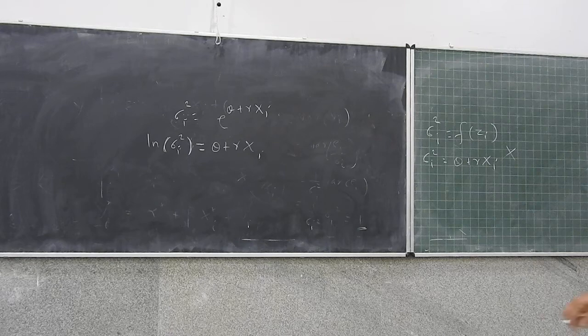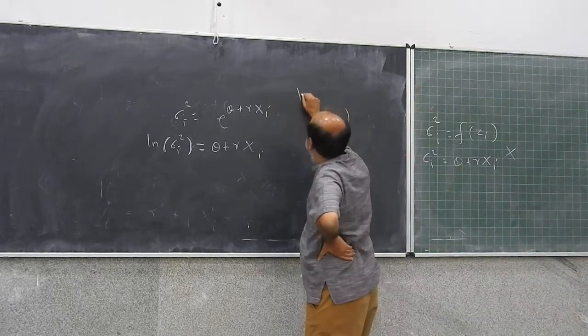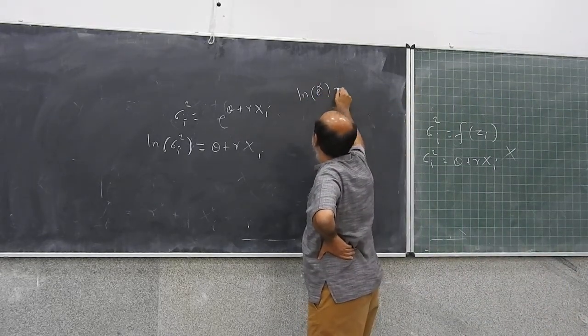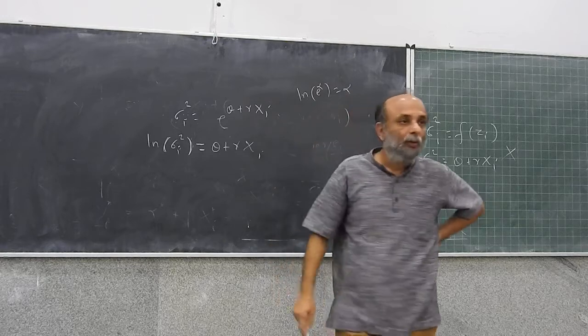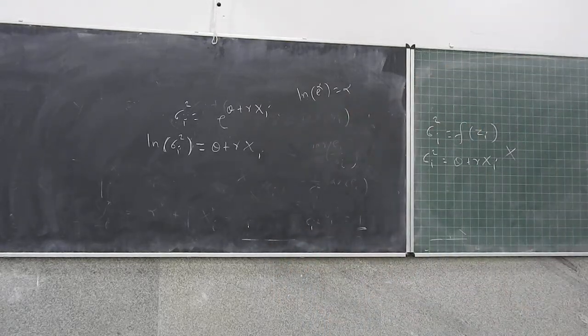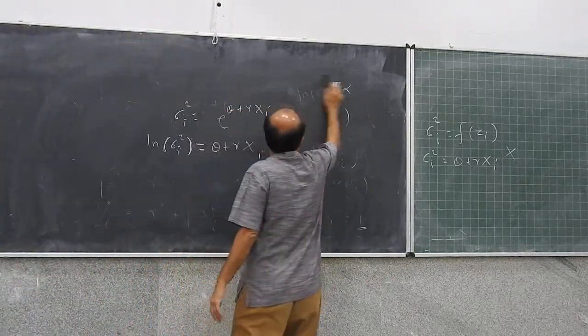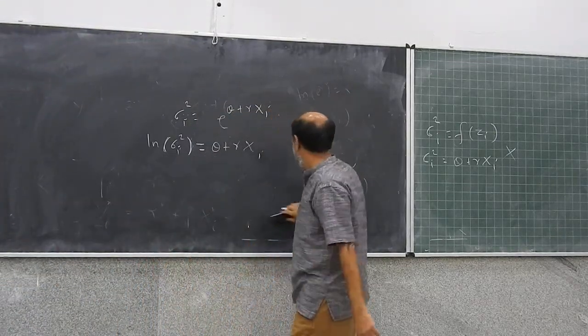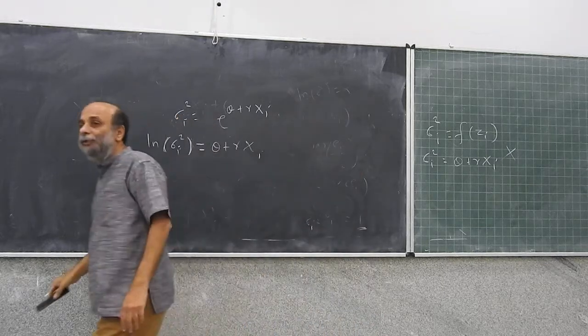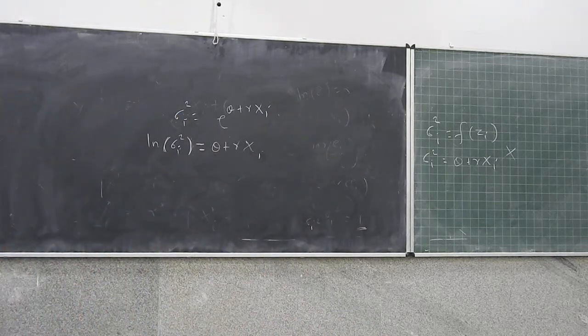Because all of you know log of e raised to alpha is equal to alpha. Sure? Okay. So log of sigma square i is theta plus gamma xi. Right. Now this we can use.